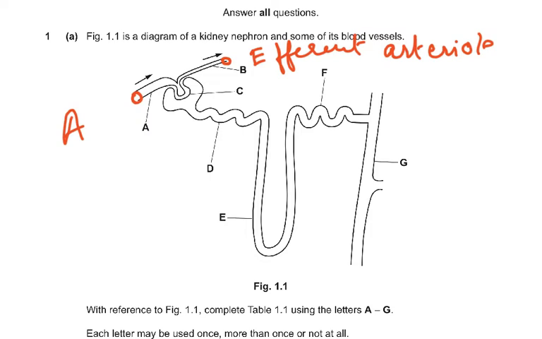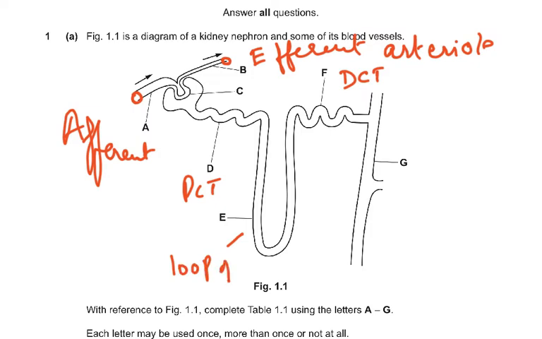And then of course you have the glomerulus. So C would be the Bowman's capsule, D would be the PCT, F would be the DCT, E would be the loop of Henle, and G would be the collecting duct.